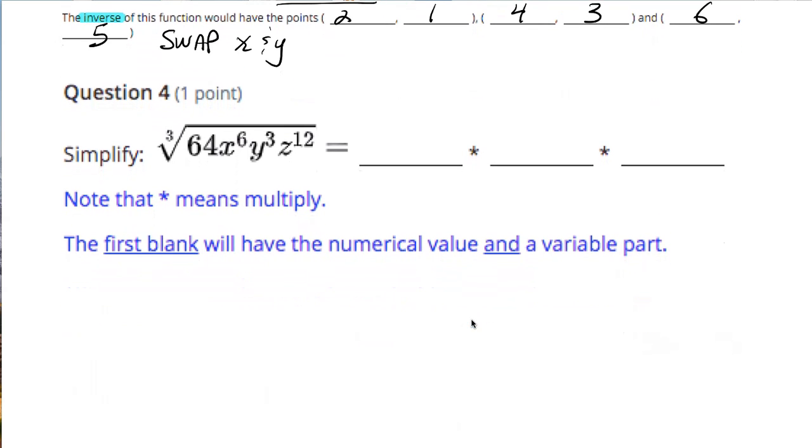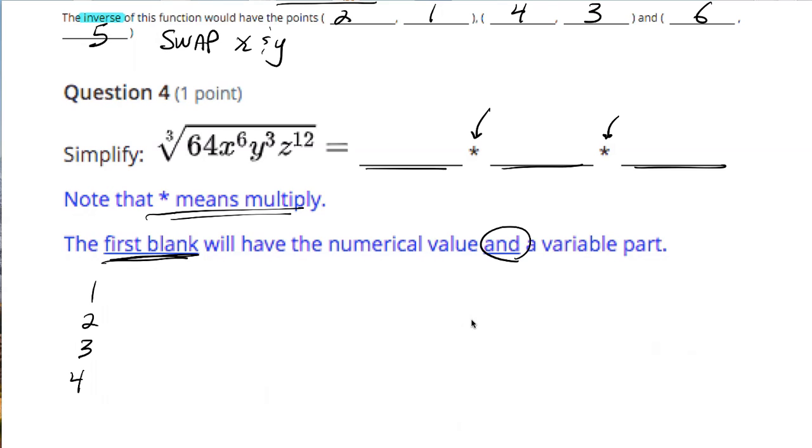Next one, question 4 states, simplify this. You have 3 blanks to fill in. We gave you these little asterisks as multiply, just to make it a little easier to look at. And you're told that the first blank will have a numerical value and a variable part. So if we're doing the cubed root of 64, common cubed roots that are helpful to look for would be 1 cubed, 2 cubed, 3 cubed, 4 cubed.